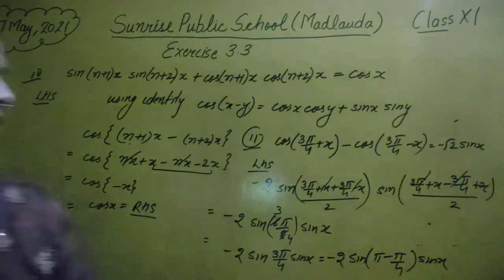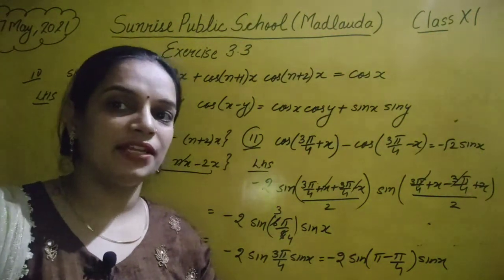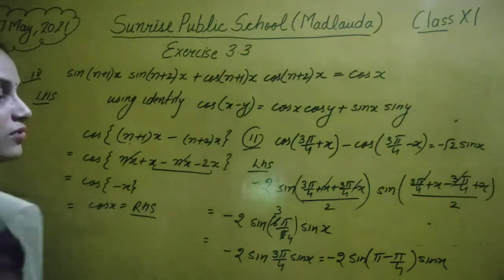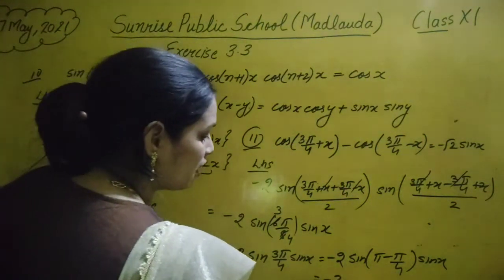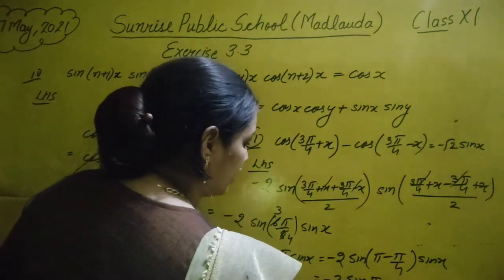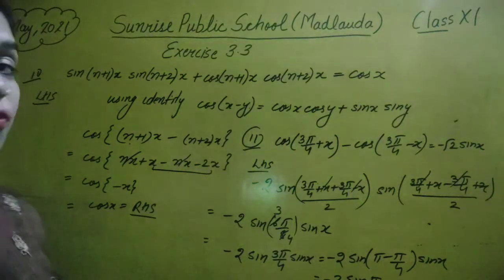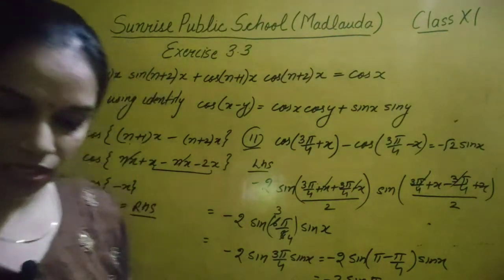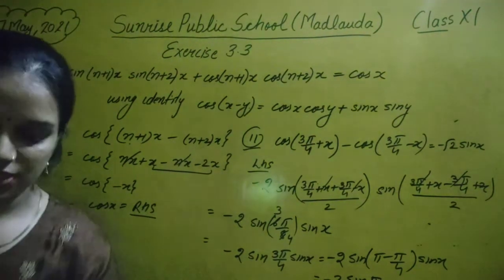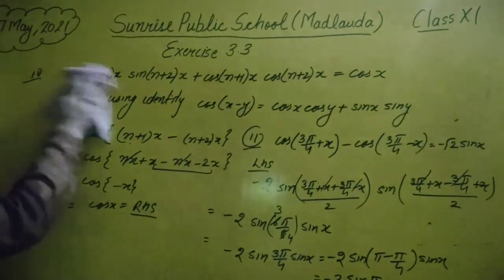Use the identity sin of pi minus x is sin x. So according to that, it will become 2 sin pi by 4 and sin x. Here we will put the value of sin pi by 4 and get the result. You will do this step yourself. In this way we can solve the question.